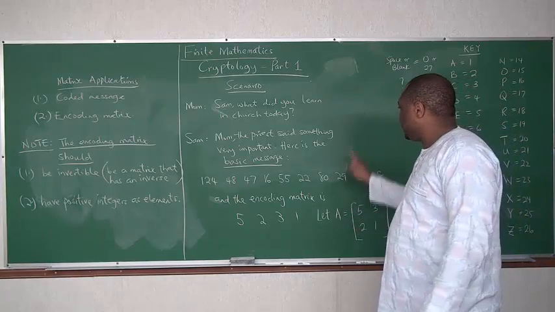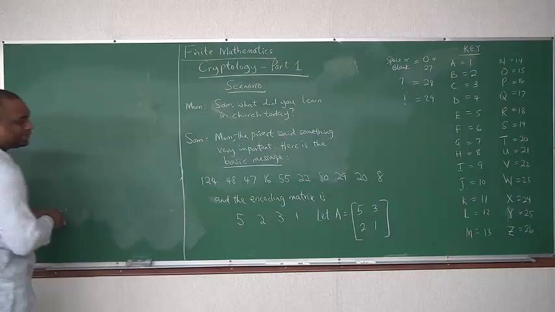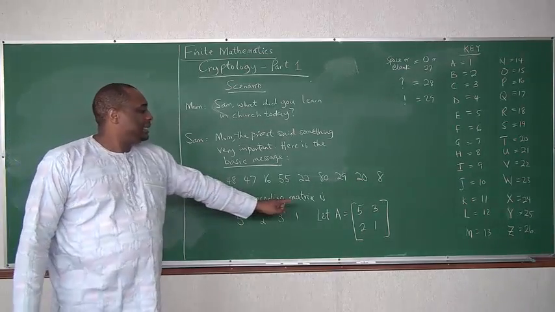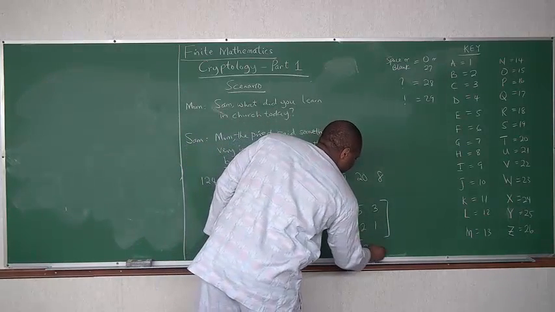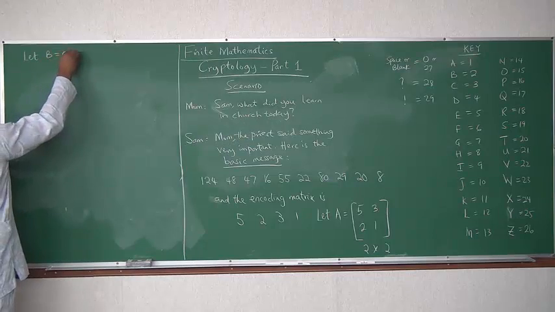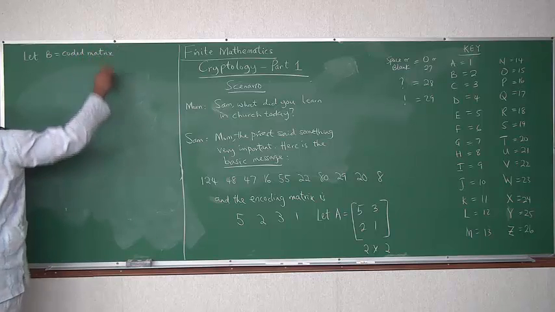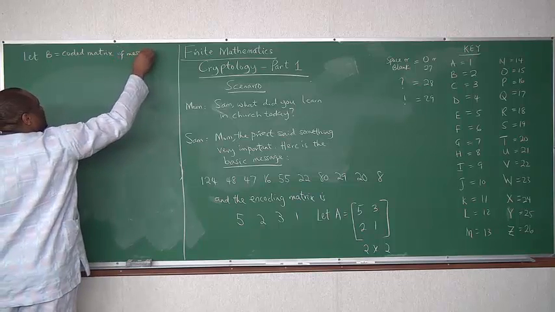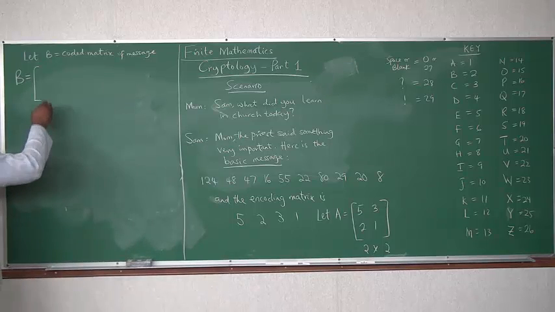Let A be this, and then let B be, since your encoding matrix is a 2 by 2 matrix, let matrix B be the coded matrix of the message. The coded message.